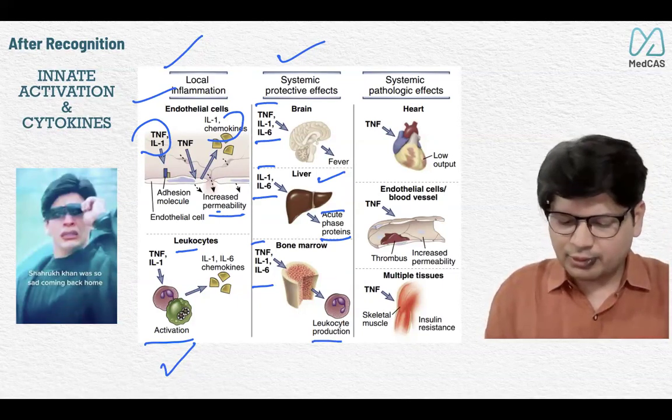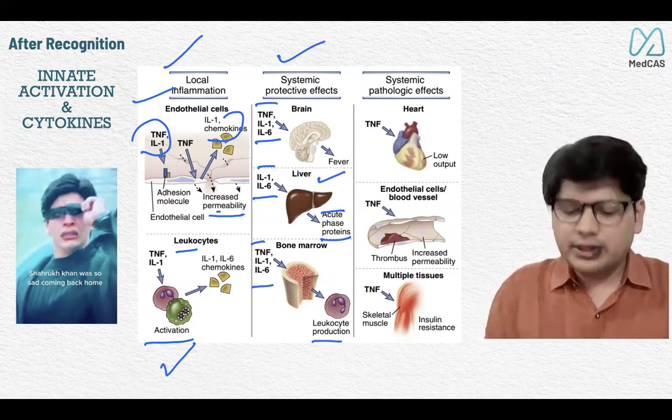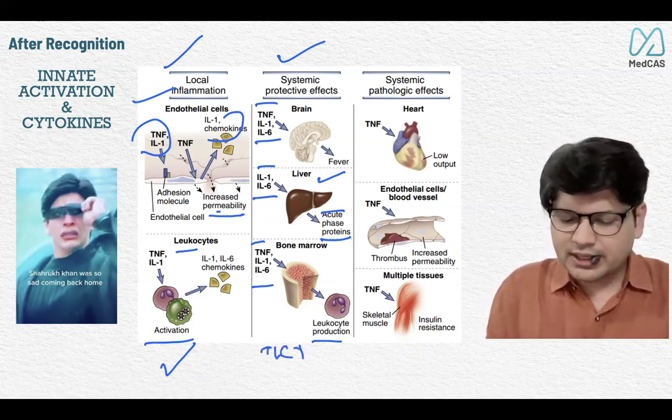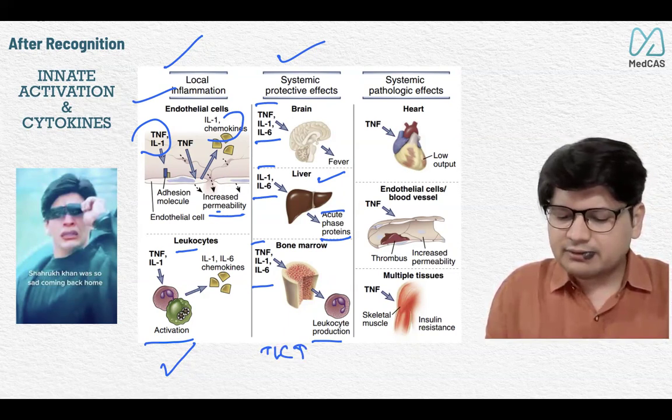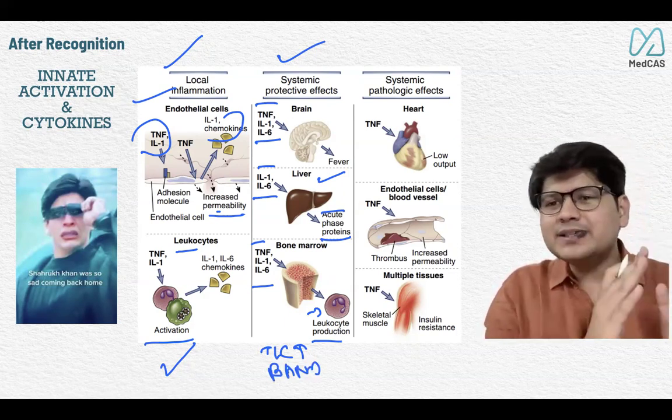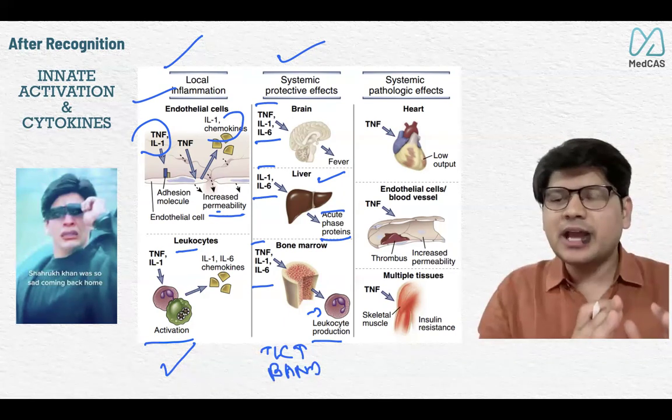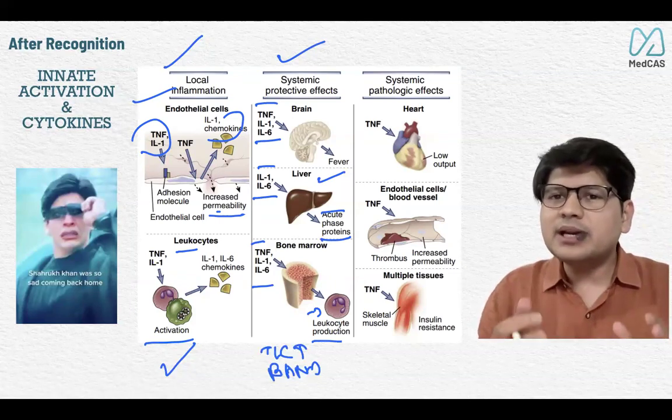So there is leukocyte production, and you get leukocytosis, increased TLC, and the neutrophils increase. They will be a little premature, so you get band forms also, right? So it all makes sense: once pattern recognition happens, this is what we ultimately get.